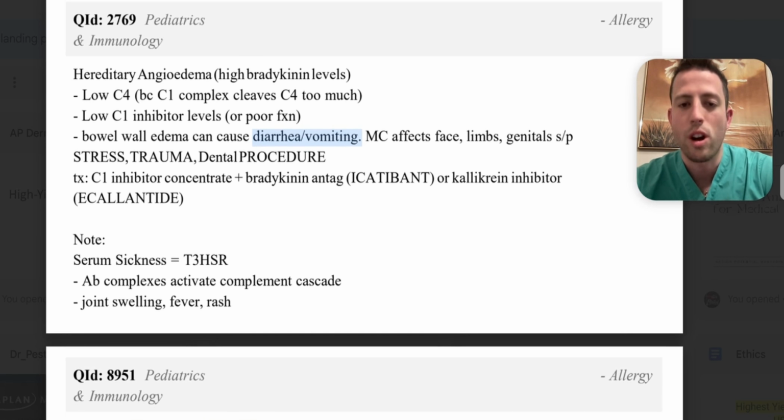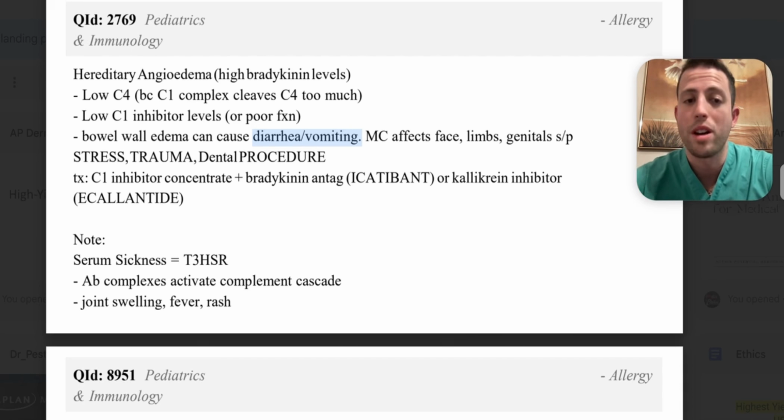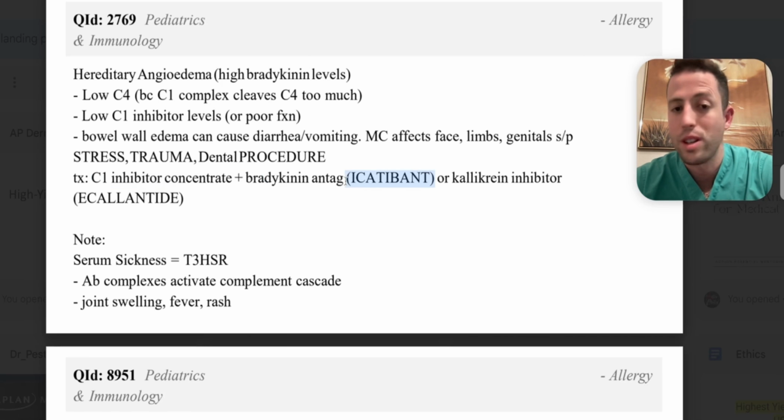It's going to most commonly affect the face, limbs, genitals, and it will be even worse after stress, trauma, as well as dental procedures. And so the treatment is C1 inhibitor concentrate plus bradykinin antagonist, also known as icatibant, or kallikrein inhibitors such as ecallantide.